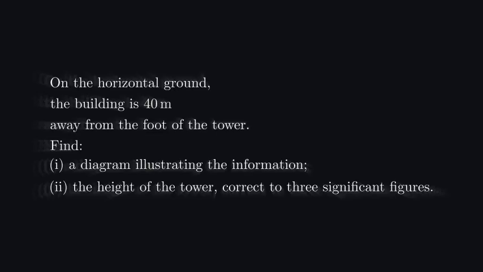On the horizontal ground, the building is 40 meters away from the foot of the tower. We are asked to illustrate the information in a diagram and then calculate the height of the tower correct to 3 significant figures. The building is 5 meters high.